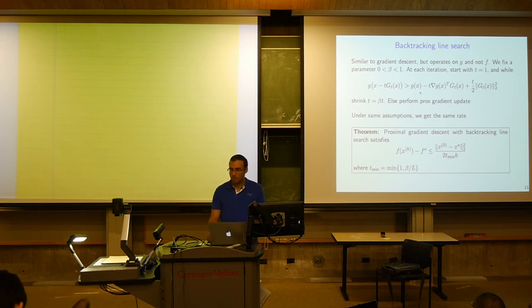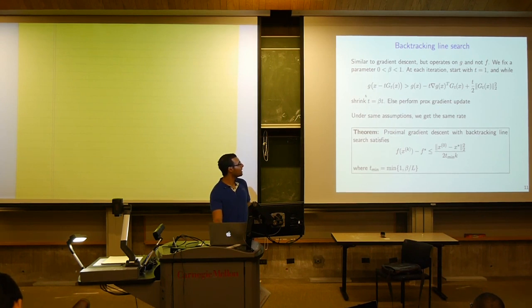There are other options for backtracking with proximal gradient that look for the entire function, f, g plus h, to descend sufficiently at each step. I don't think, in my experience, they work very differently, and this one is just simpler. So you can just remember this one for the purposes of backtracking. Okay?